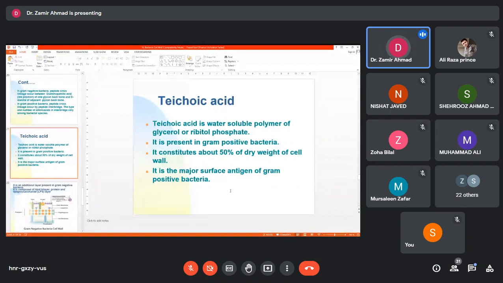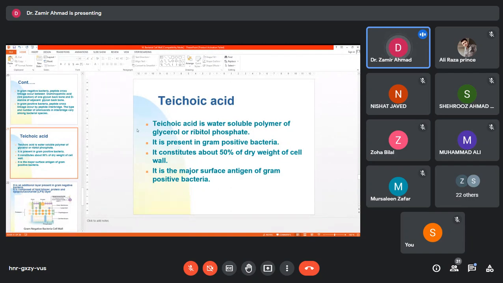Teichoic acid is a water-soluble polymer of glycerol and ribitol phosphate. It is present only in gram-positive bacteria, and it constitutes about 50% of the dry weight of the cell wall. So it is a major component of the gram-positive bacterial cell wall, and it is the major surface antigen of gram-positive bacteria.